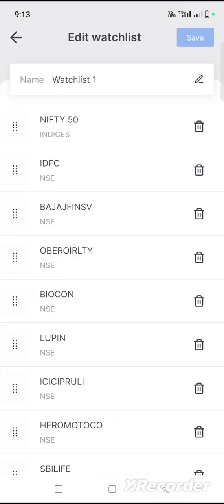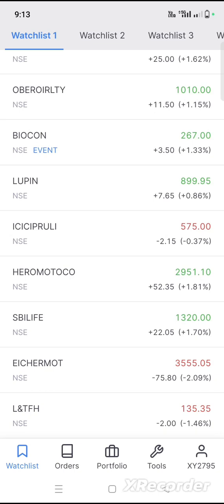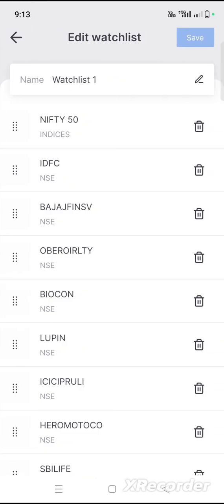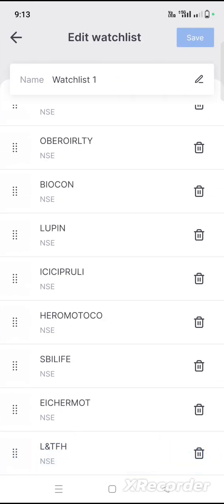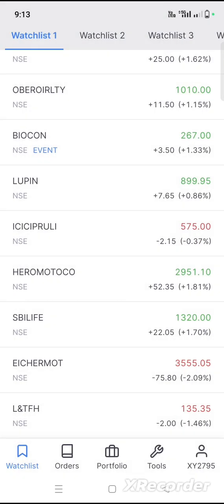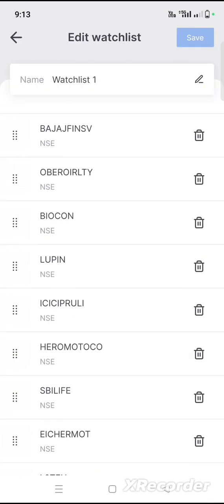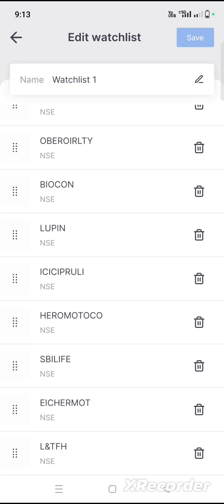So actually what I do is keep all top gainers on top, losers down, for clear observation. So I say sequential delete here.